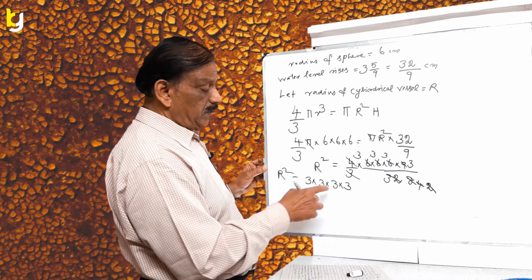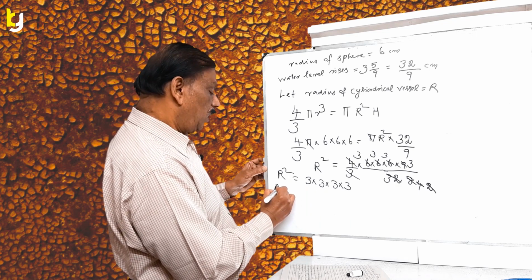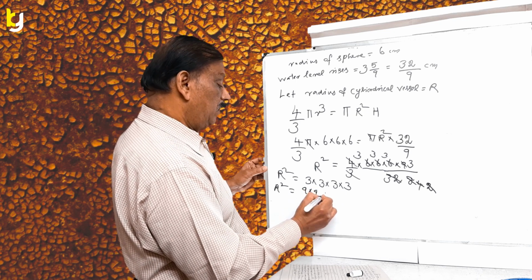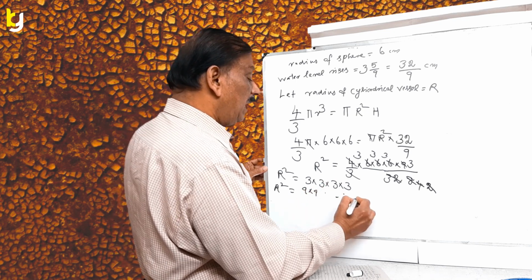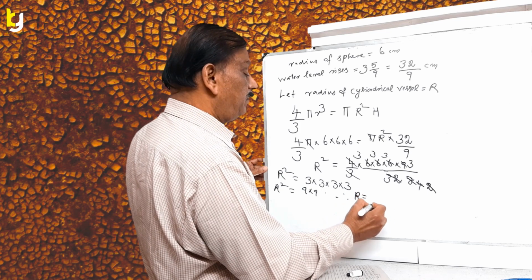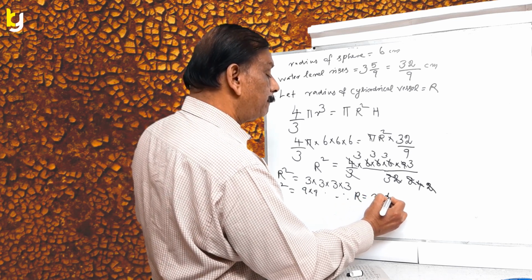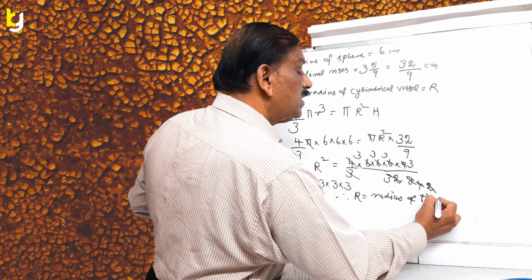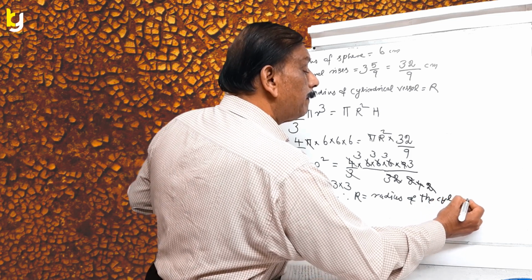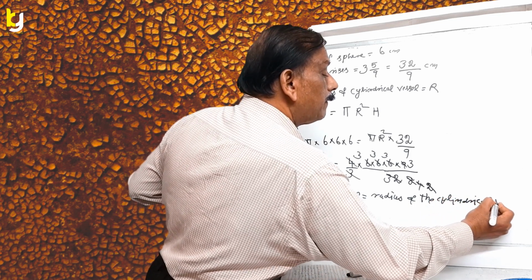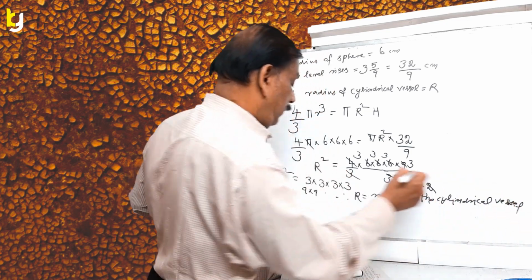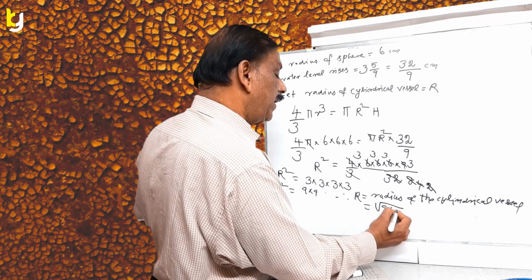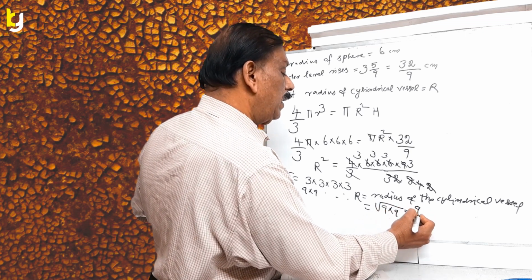3 into 3, 9. 3 into 3, 9. So, this is equal to R square equal 9 into 9. Therefore, R, that is radius of the cylindrical vessel, equal root of 9 into 9, that is equal to 9.